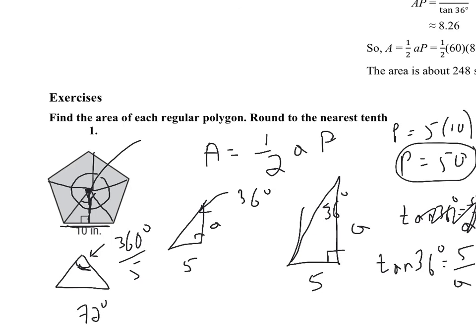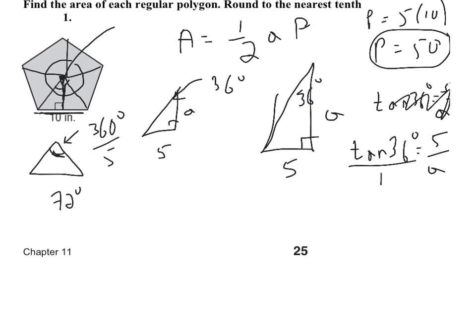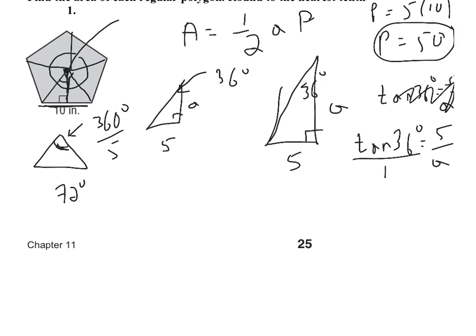If you cross multiply and solve for A, if you put it over 1, it will be 5 times 1 equals A tangent 36. If you finish this, you will get A equals 5 over tan 36.